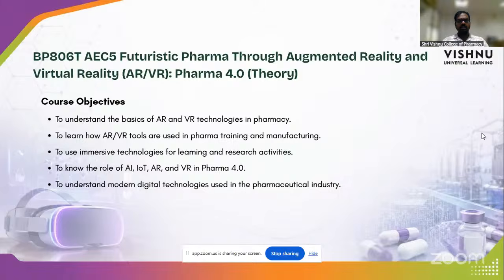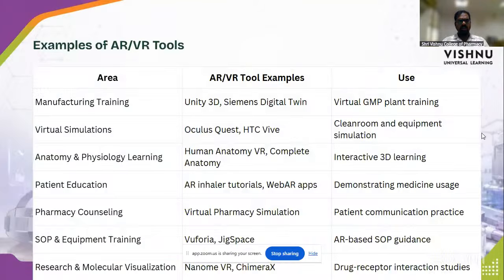Also to use immersive technologies for learning and research activities, to know the role of AR, IoT, AI in Pharma 4.0, and to understand the digital technologies used in the pharmaceutical industry. So in this, we'll try to cover to the extent possible, and we'll have a roadmap on how we can learn these things, making the students clear about this.